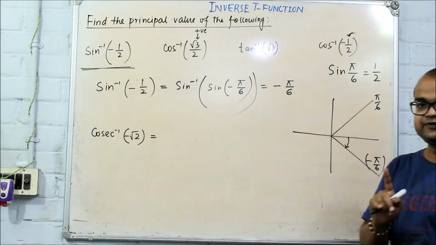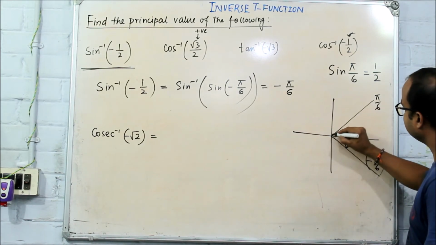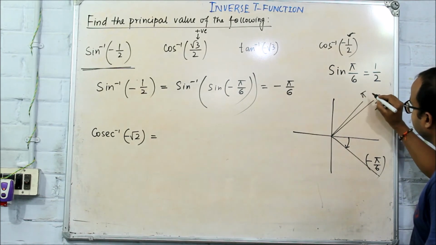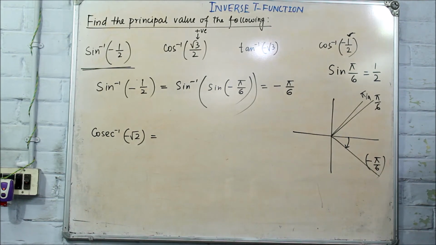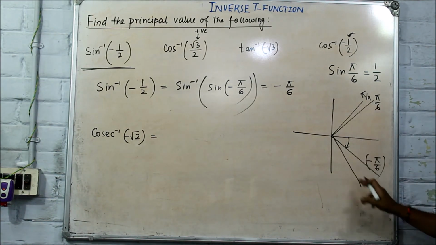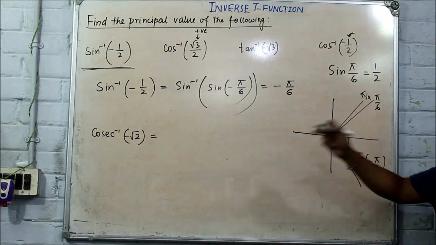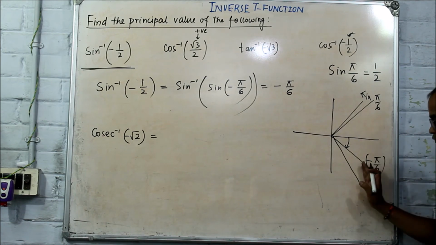So cosec 45 degrees is equal to root 2. Suppose this is the angle of 45 degrees, that means pi by 4. Minus means, for sine, cosec, tan and cot, your angle belongs to the fourth quadrant.